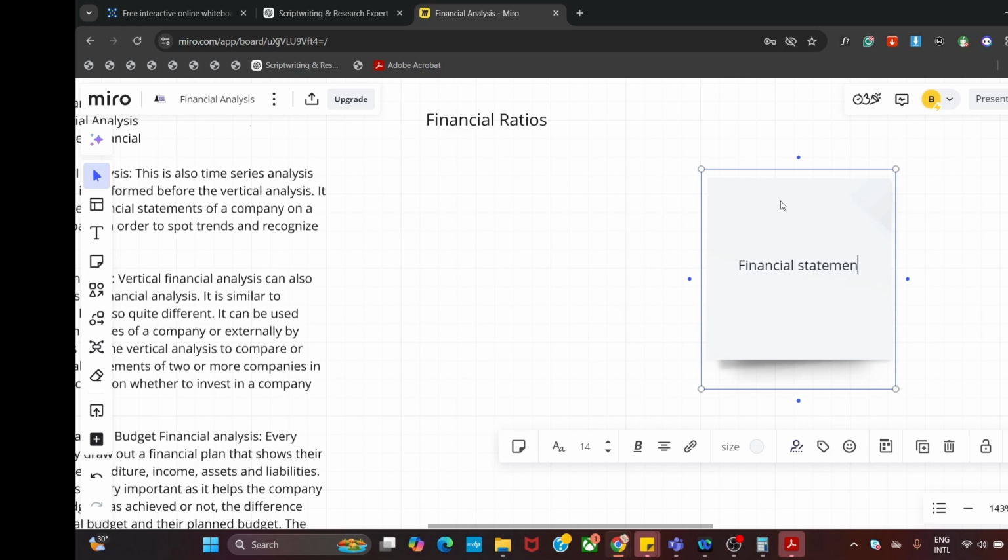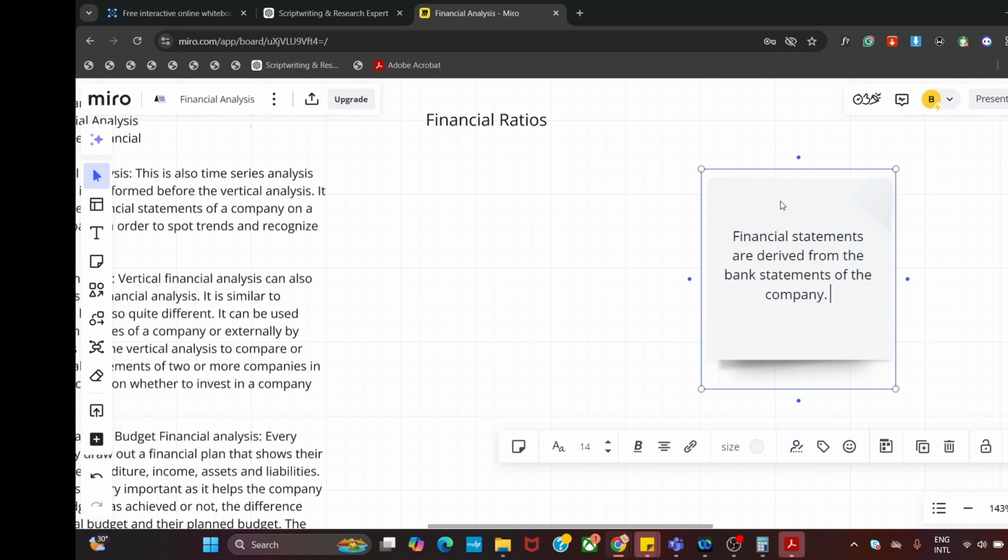So I said financial ratios are derived from the bank statements of the company. We have different types of bank statements. It could be the balance sheet, the income statement, or the cash flow statement.